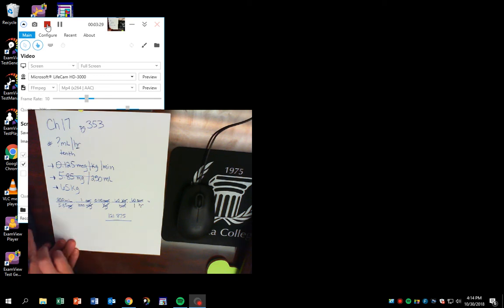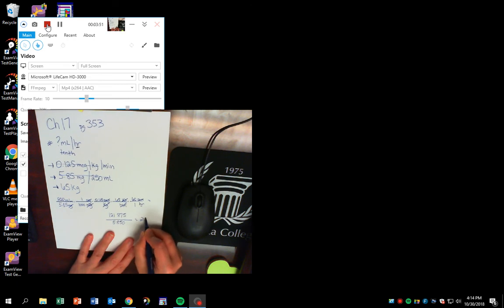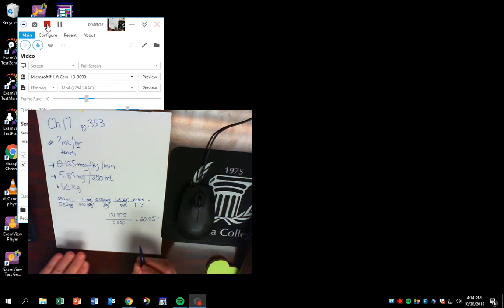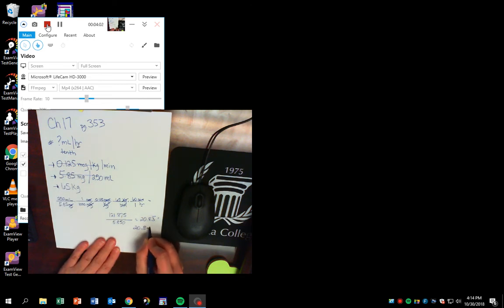And then we're going to do 5.85 times 1,000, and that gives us 5,850. So 121,875 divided by 5,850 gives us 20.83 repeating. And again, rounding to the tenth, I'm going to do 20.8 milliliters per hour.